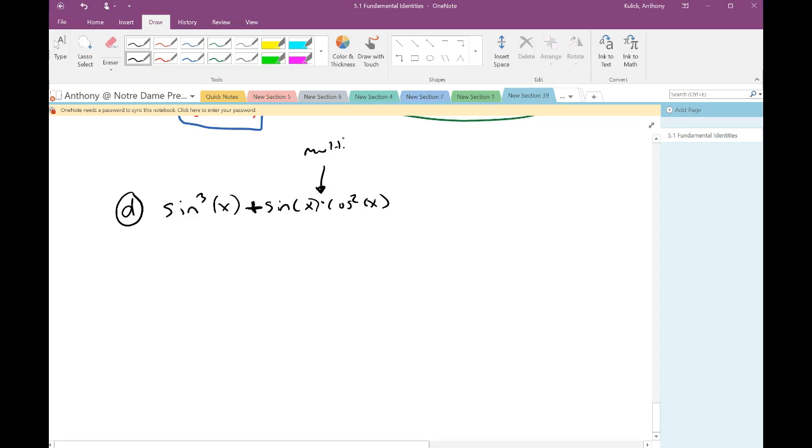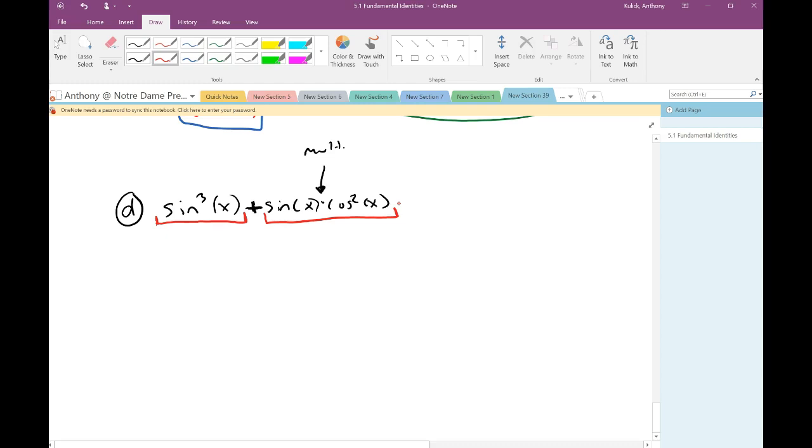So this looks rather scary to me at first glance. I have a sine cubed all of a sudden. Looking at my identity sheet, I have nothing involving a sine cubed, which is a little bit terrifying. But if I look, I notice that in the first term and the second term, I have a factor in common to each of them.